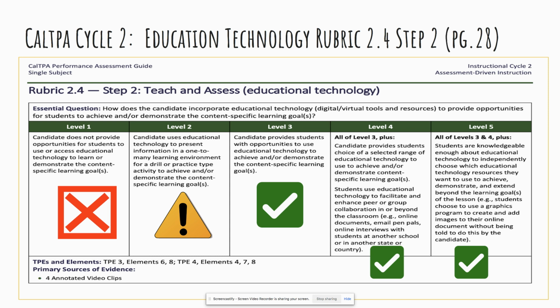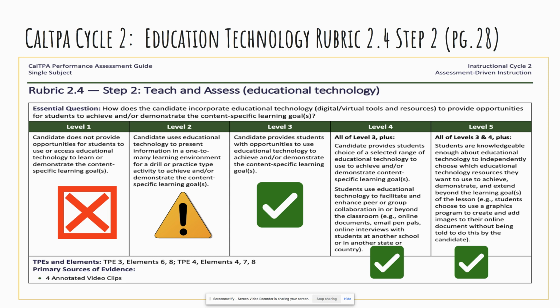There are a total of 4 annotated video clips that you're going to be including with your Cal TPA assessment. In order for you to get a passing grade of a level 3, you need to provide your students with an opportunity to use educational technology to achieve and/or demonstrate the content-specific learning goal.